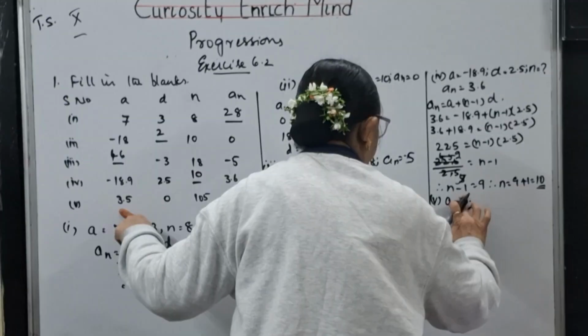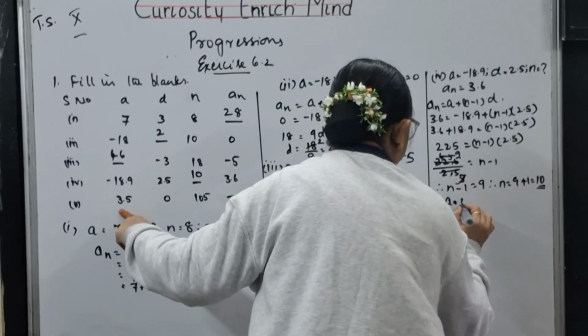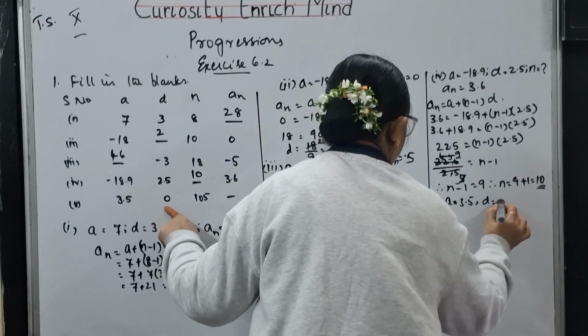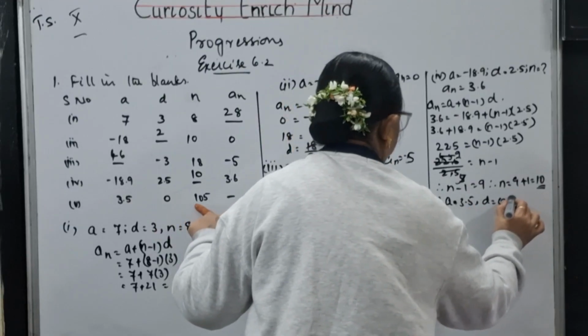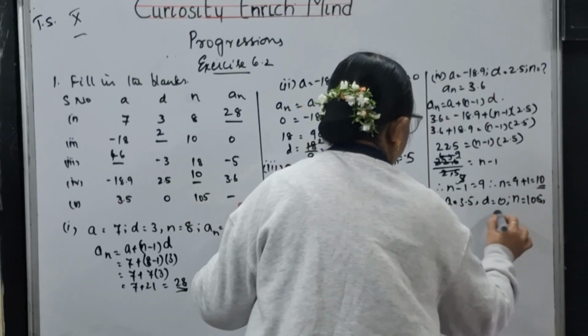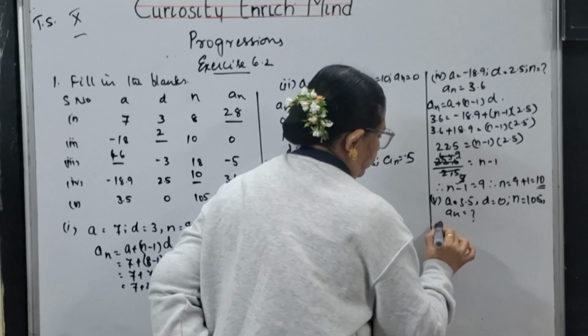Now fifth bit. A is 3.5. D is 0. N is 105. And you want AN. AN is how much?